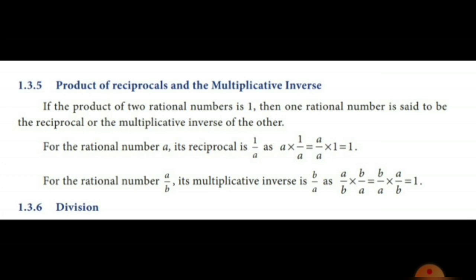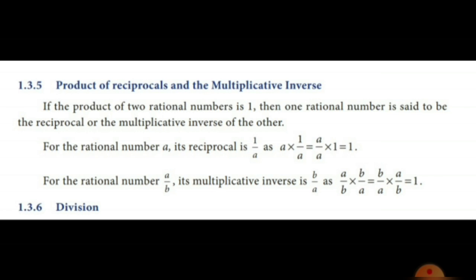So, if the product of two rational numbers is 1, then one rational number is said to be the reciprocal or the multiplicative inverse of the other. So, a into 1 by a. See your video, a into 1 by a.